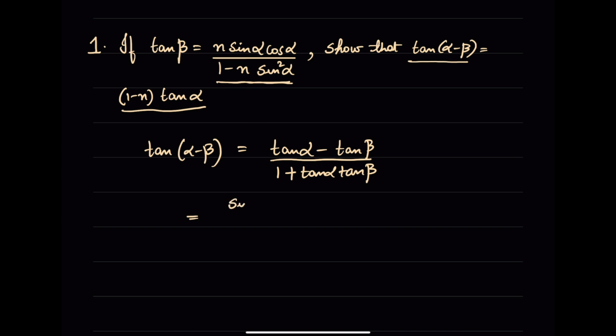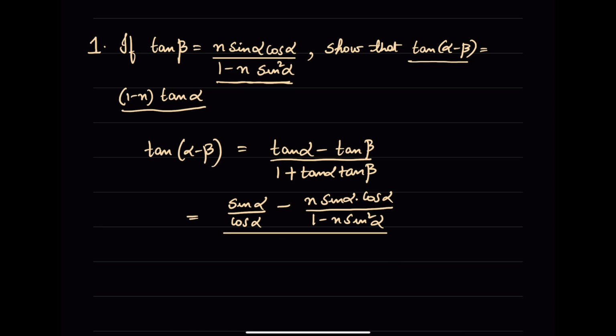So this will be sin alpha by cos alpha minus n sin alpha cos alpha divided by 1 minus n sin square alpha, divided by 1 plus, now again tan alpha can be written as sin alpha by cos alpha, multiplied by n sin alpha cos alpha divided by 1 minus n sin square alpha.